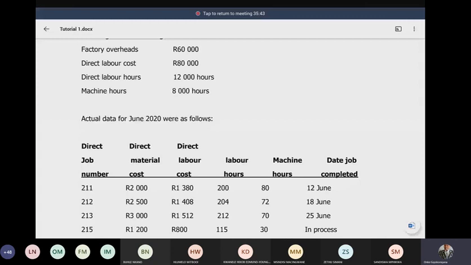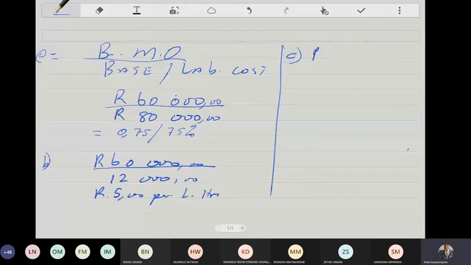Make sure that if you are getting your predetermined overhead rate, you use the budgeted information. 60,000 once again. Then we divide by the machine hours. They said that the machine hours is 8,000.